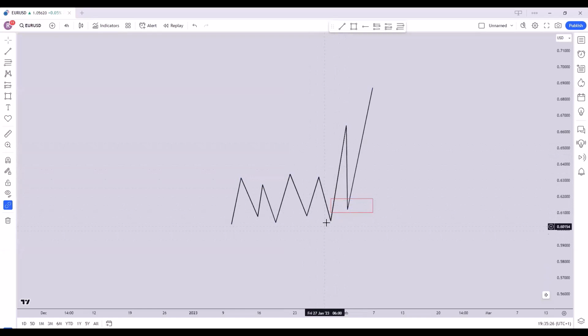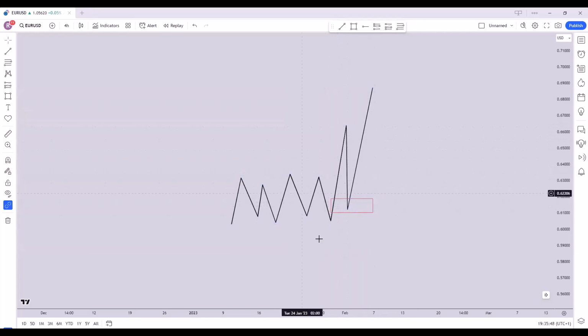Demand overpowered supply, and we shot up. This is where supply kicked in, because the more demand there is, the more supply also kicks in. When many people want something, there's a high demand for it, so a company has to supply that. So this is where supply kicks in.